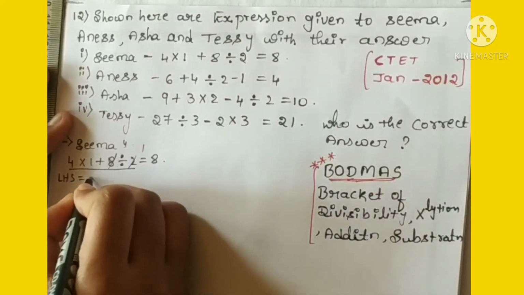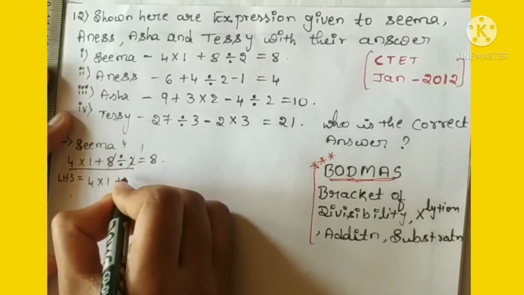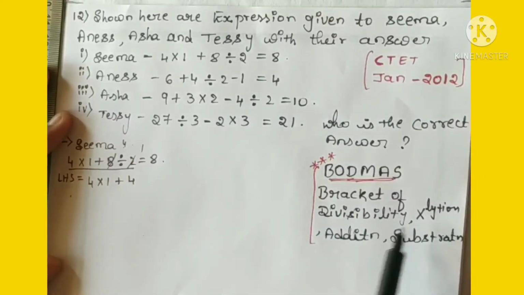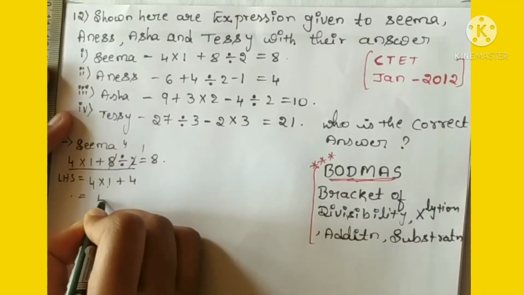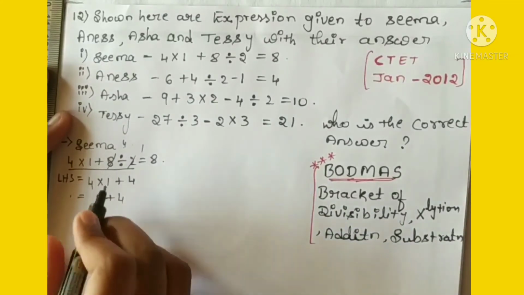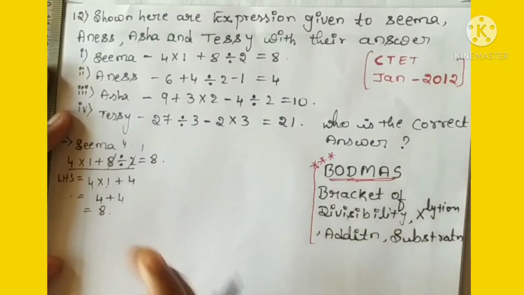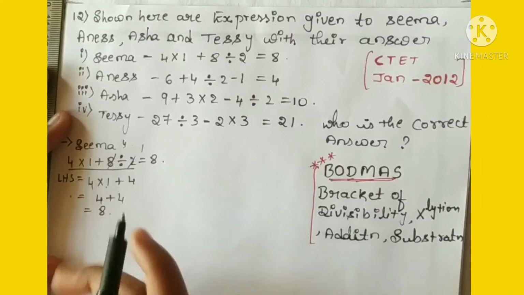So 4 into 1 as it is plus 4. Next we go for multiplication. Here multiplication is 4 into 1, 4, plus 4. Then we go for addition. 4 plus 4 is 8. Here subtraction is not present. So here the answer is 8, which is equal to RHS.